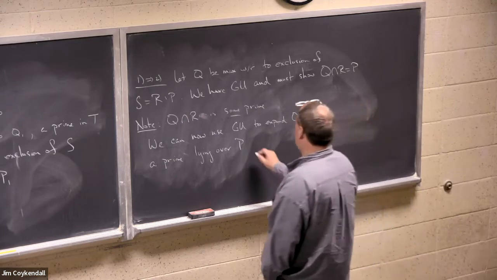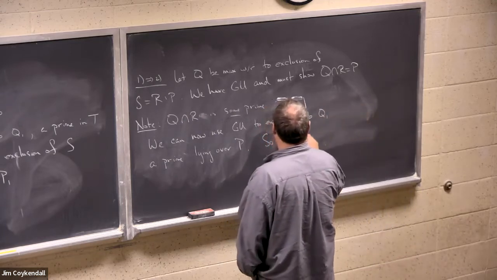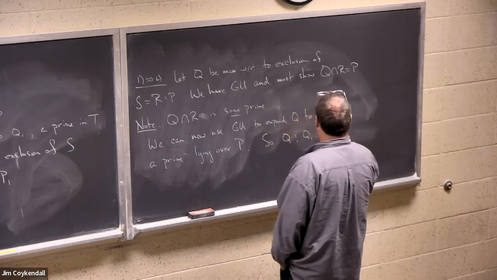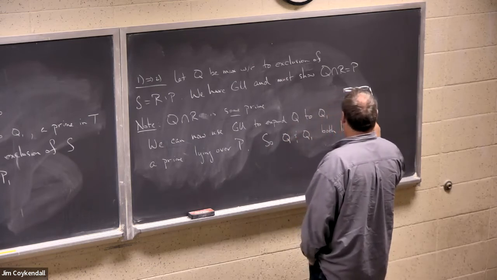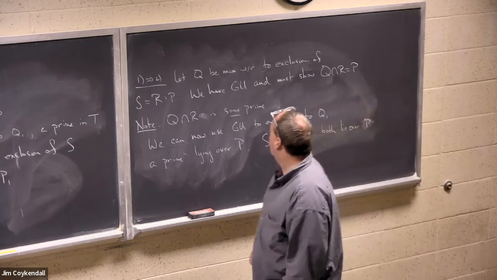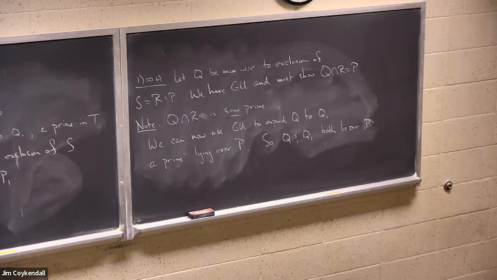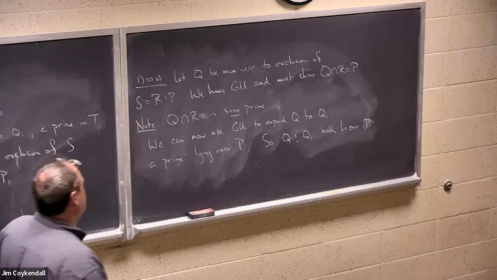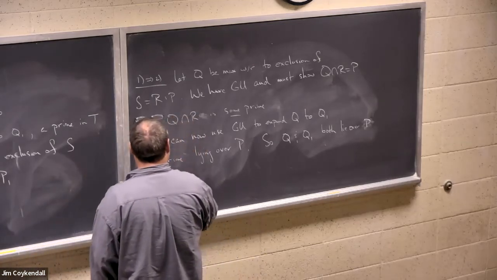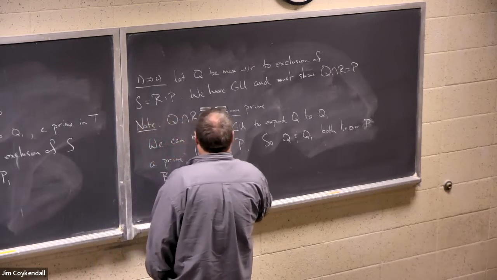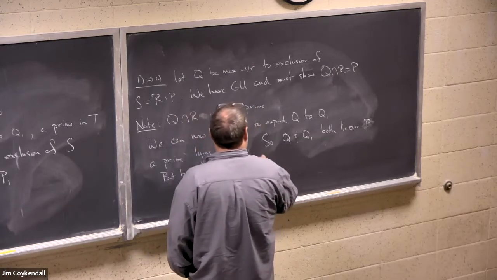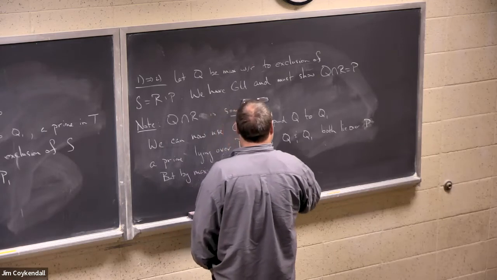So what we have now is Q and Q1 both lie over P. But we know, by assumption, Q is an ideal of T that is maximal with respect to exclusion of S. By maximality of Q, Q equals Q1.